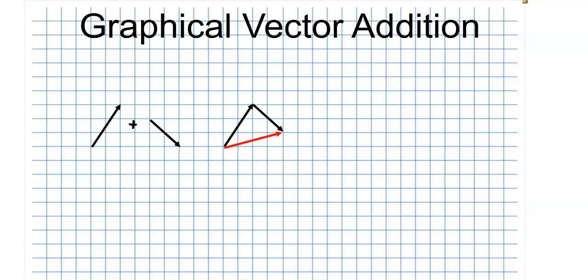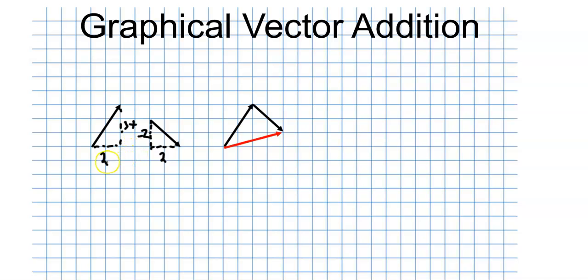Now, if we trace along this, this is going to give us the same answer as finding the components, because you might notice that if we did the components of these two vectors, the x component here is 2, the y component is 3. For this vector, the x component is 2, the y component is -2.